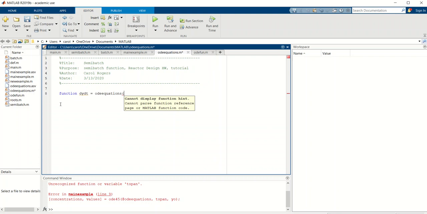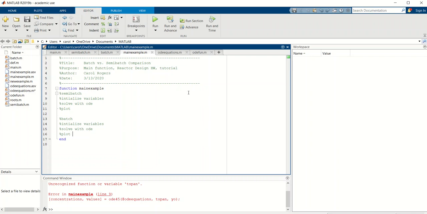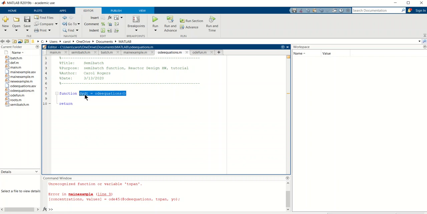And one thing you need to keep in mind, I'm going to leave that empty for just a second. One thing you need to keep in mind is that you need to know how ODE works in order to know what you're going to need to output.